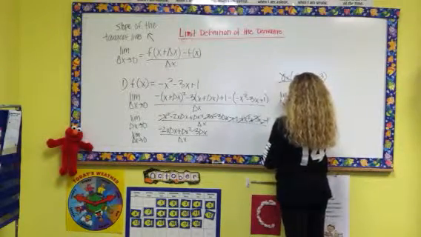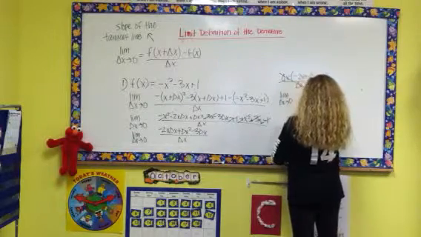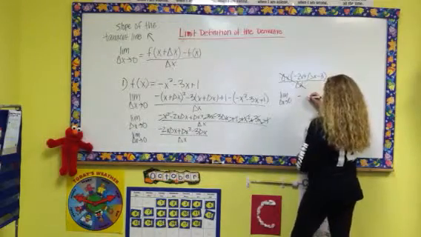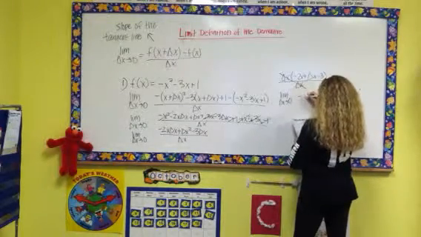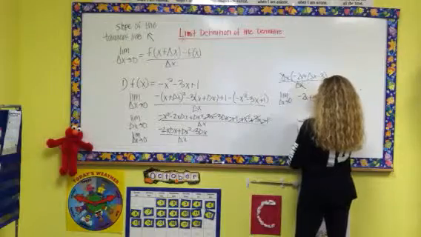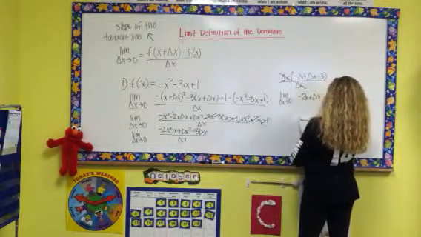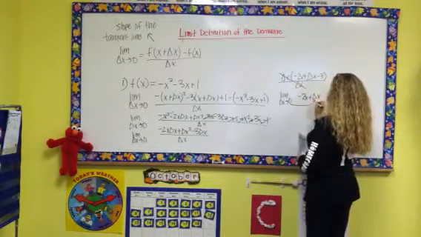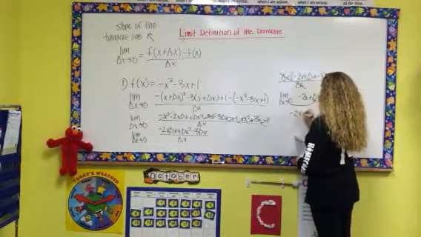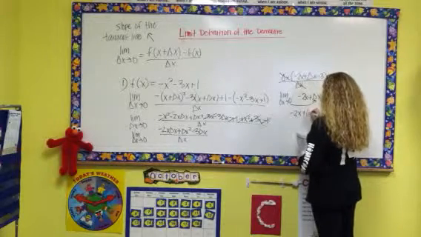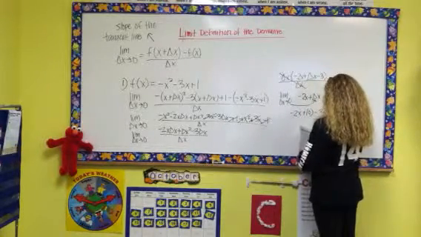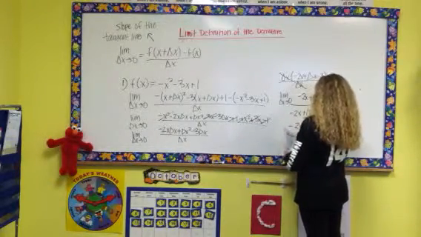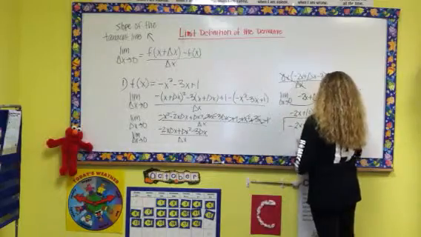Then we know the limit as delta x approaches 0 is negative 2x plus delta x minus 3. Then we plug 0 in for delta x, so we get negative 2x plus 0 minus 3. And we get negative 2x minus 3 as our answer.